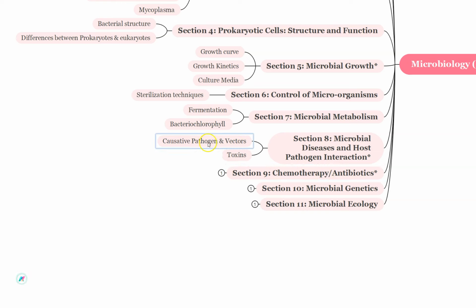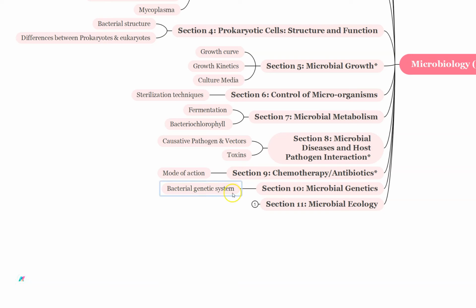So from here also you can expect the match the following questions, main diseases, pathogens and also which vectors are carrying them. Under toxins, diphtheria, pertussis, botulinum, tetanus, these are to be studied. Some more also. Then from chemotherapy, antibiotics, again match the following, the different antibiotics and their mode of function.